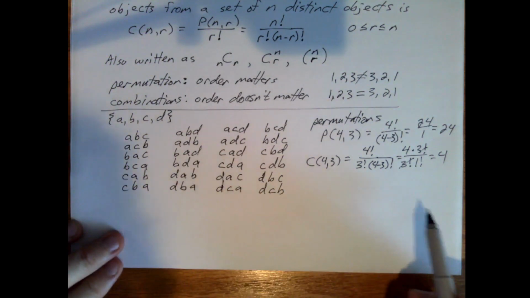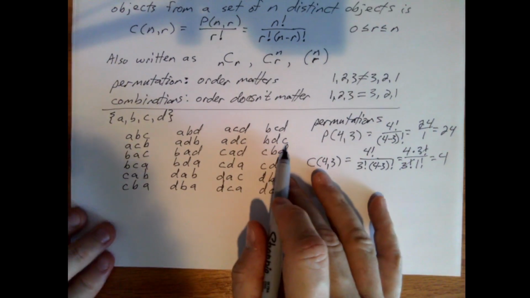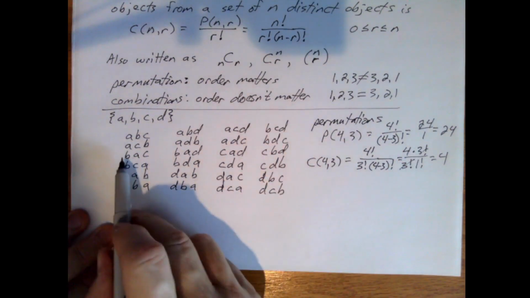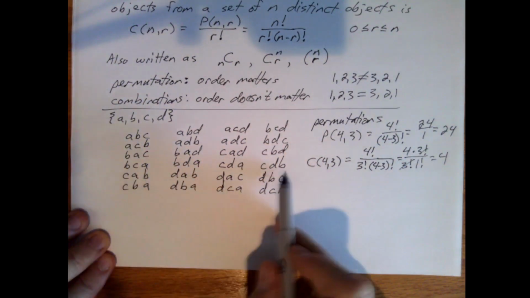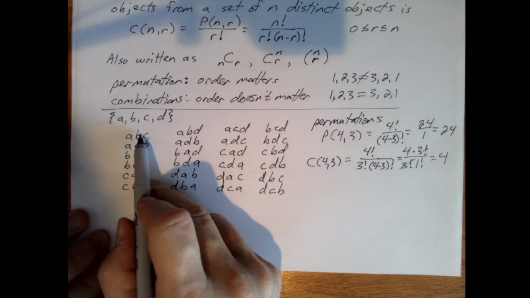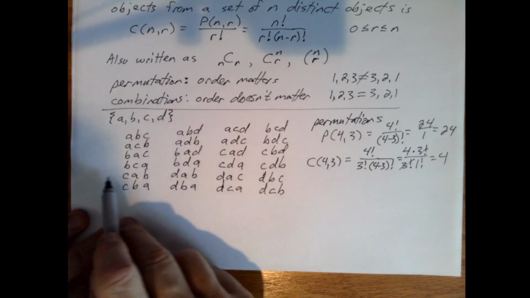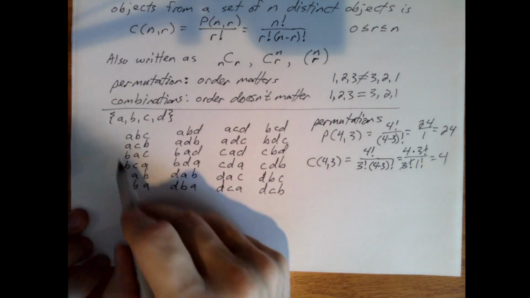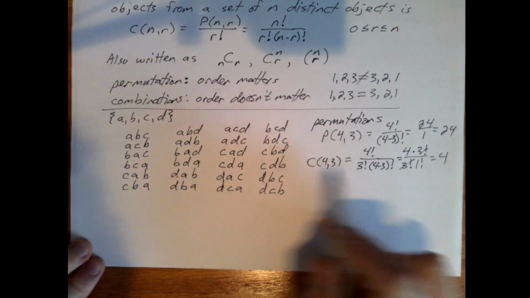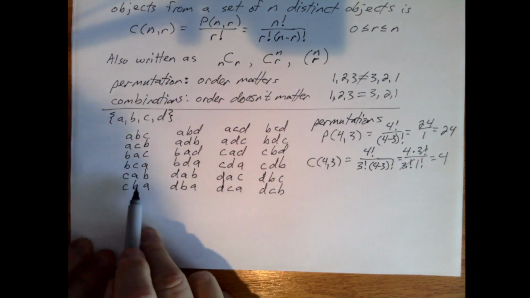So what are we doing here? Well, we're dividing the 24 possibilities by the amount of ways we can arrange A, B, and C. Because basically this column right here gives us 6 times too many of a count when we're talking about combinations versus permutations. There's 6 permutations here.